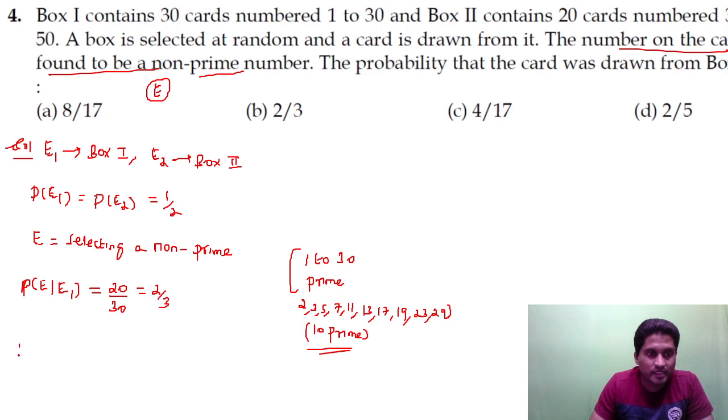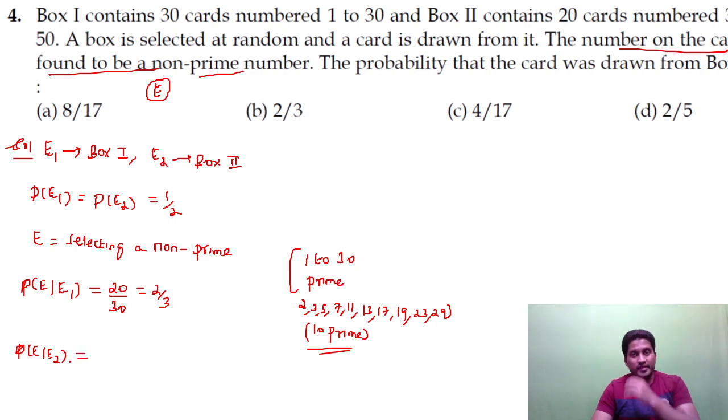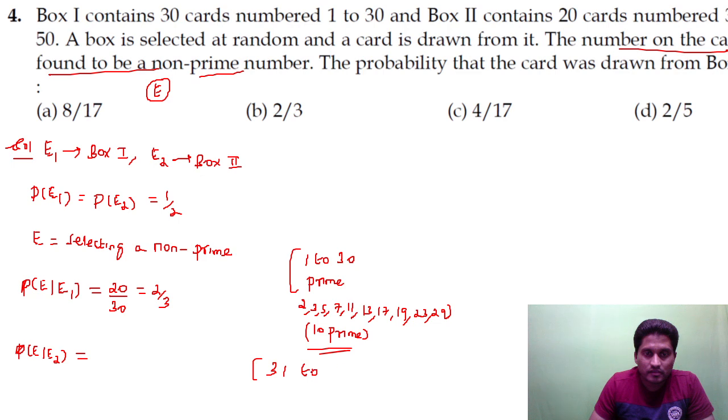And probability of E given E2, probability of selecting a non-prime number given that it comes from the second box. Second box numbers are 31 to 50. From 31 to 50, there are 5 prime numbers. So what are the primes here?